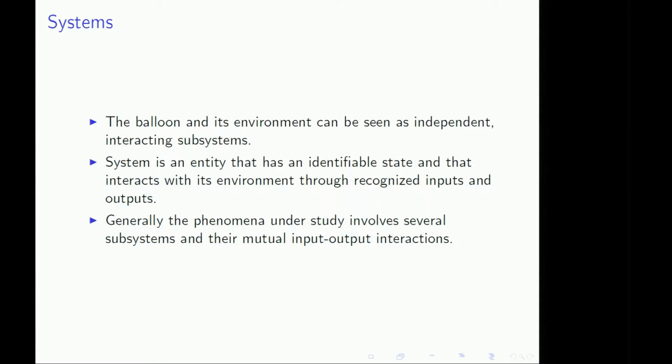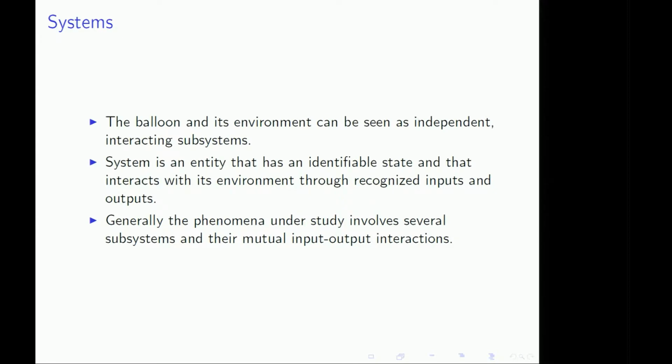In the scope of this lecture, we will speak of systems as clear entities that have distinguishable boundaries and distinguishable states. So they have an identifiable state, and that state will be changed through interaction of the system with its environment, and this interaction can be recognized as clear inputs and outputs.